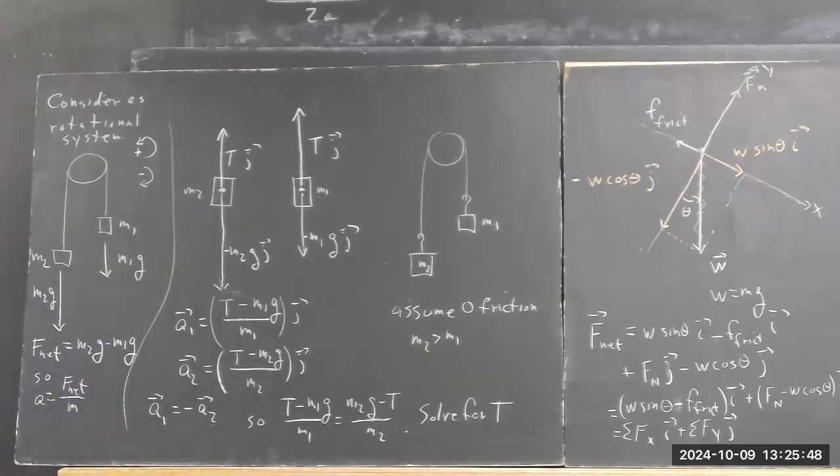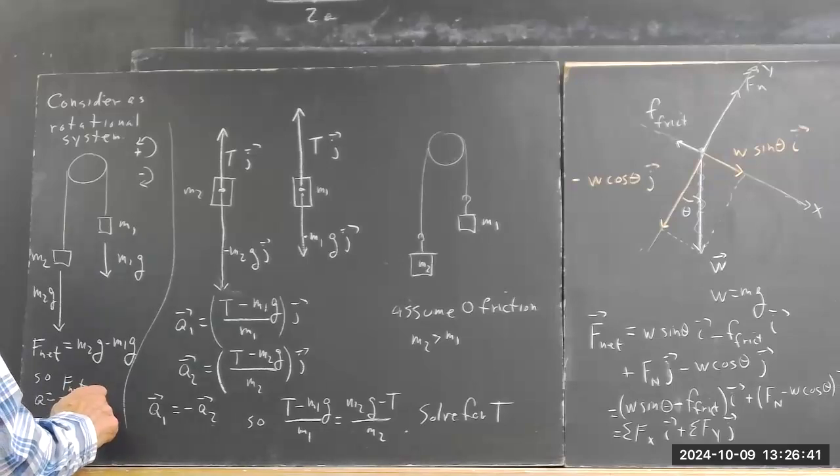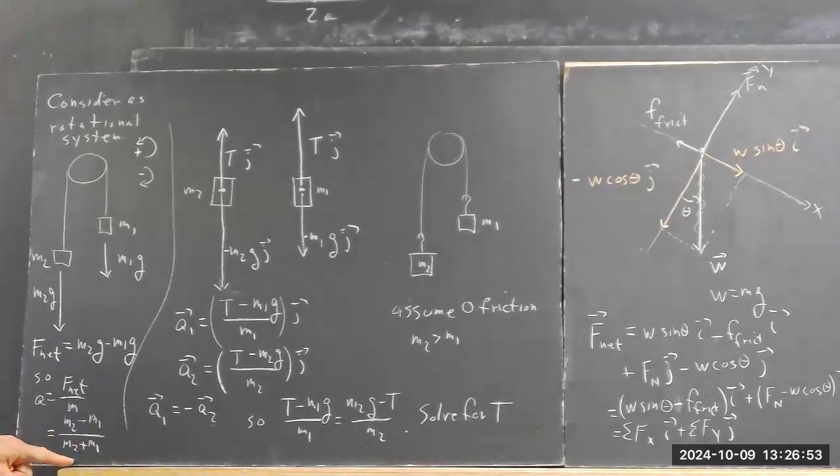So acceleration is F net over M. What's M? The total mass is M1 plus M2.